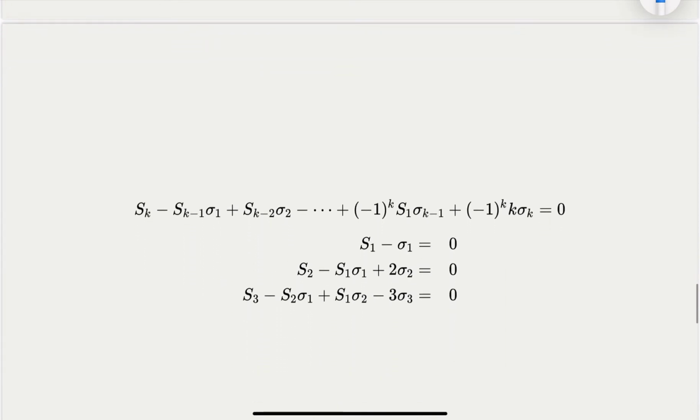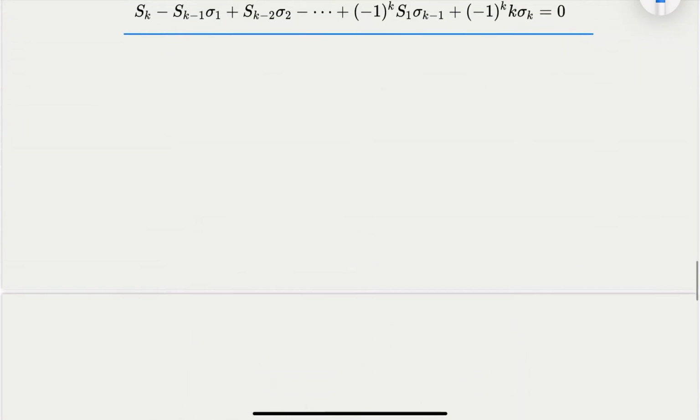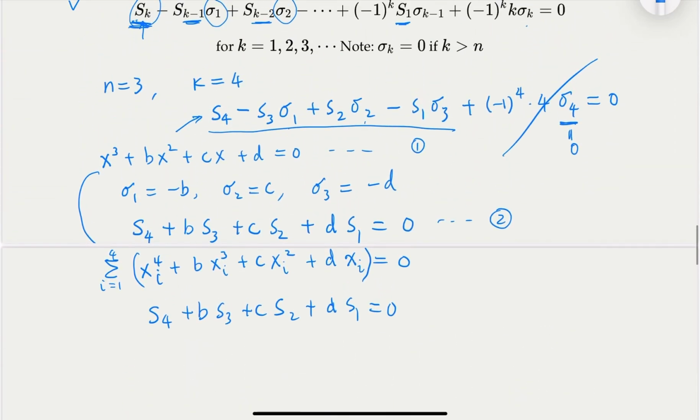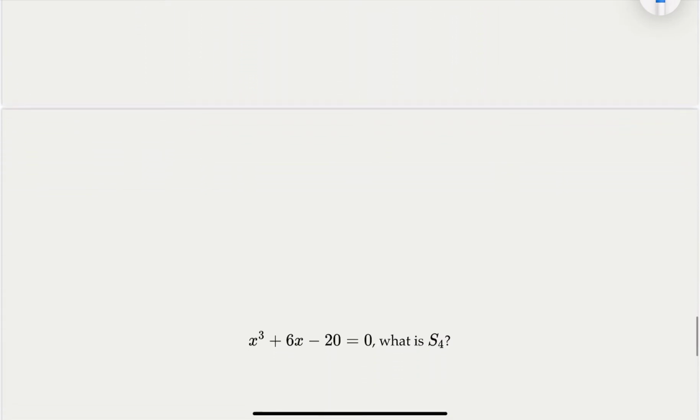And here we just plug in some special cases, for the initial terms: S2, S3, and for the cubic polynomial, we have S4. We know that is what we derived earlier. Anyway, now let's look at an example.